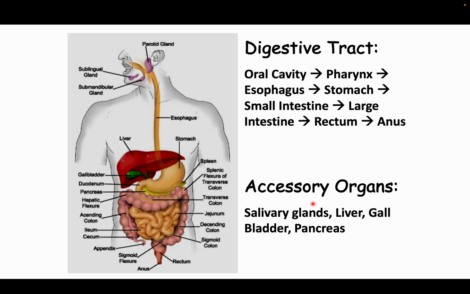However, we also have accessory organs as well. These accessory organs, the food, the chyme do not travel through them, but they are just equally as important and involved in digestion as well because they're going to help the main organs in the alimentary canal do their function. So we'll talk in detail about all of these organs.